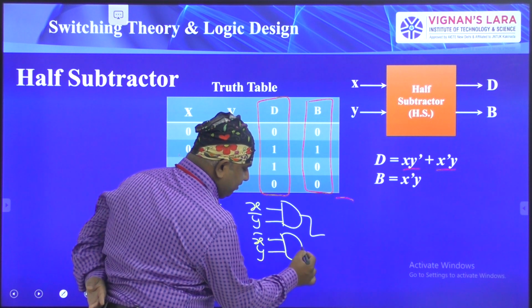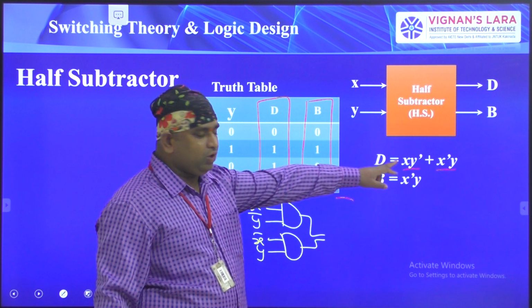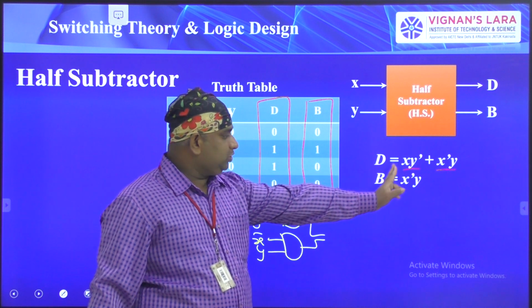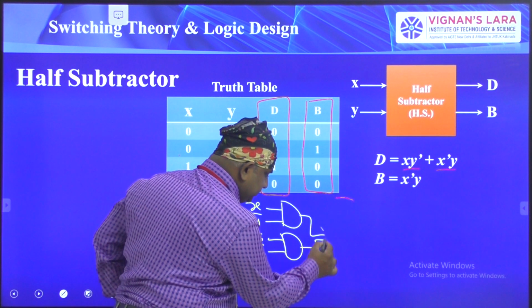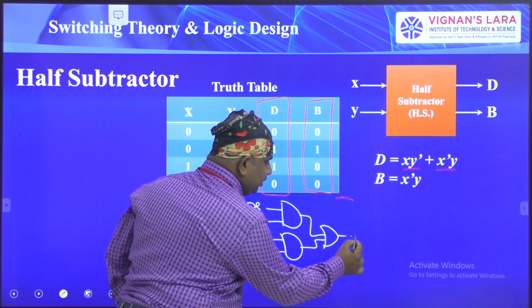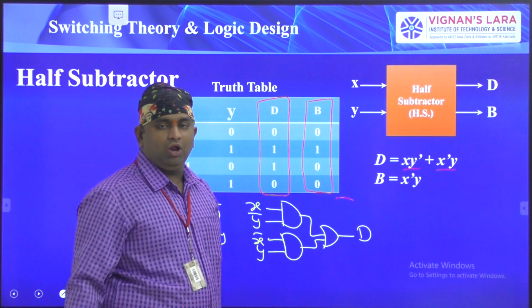So two AND gates are available here. From these two AND gates, you have to sum, these two products you have to sum. So for that reason, I am taking one OR gate. So this is the difference logic diagram.